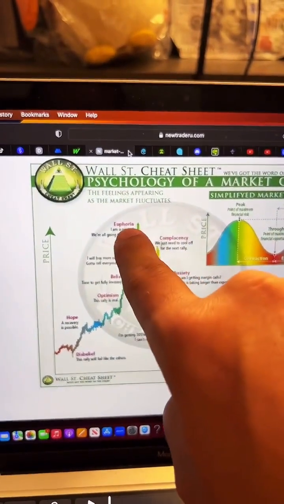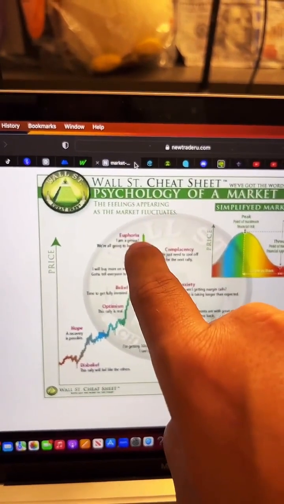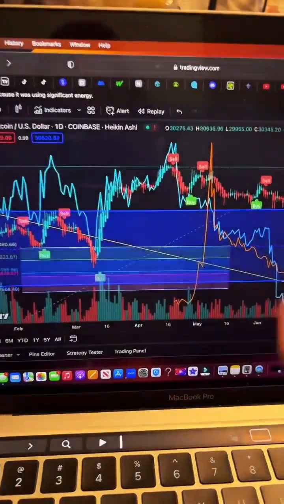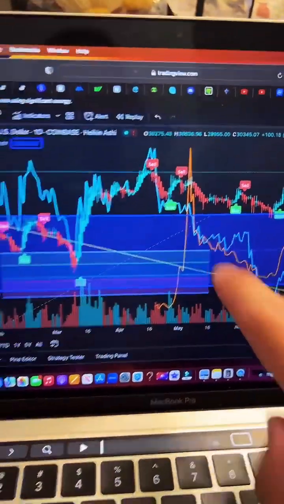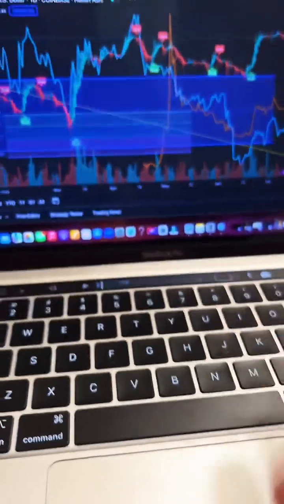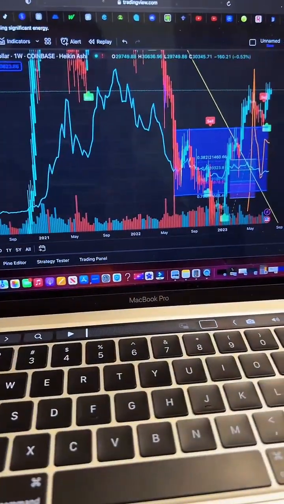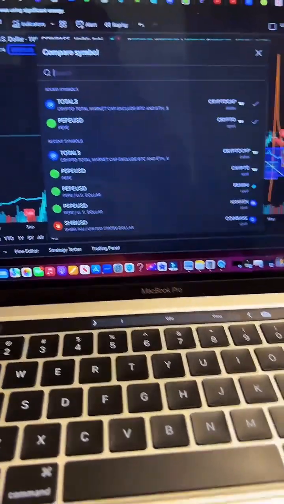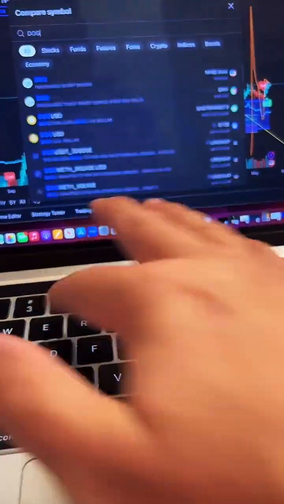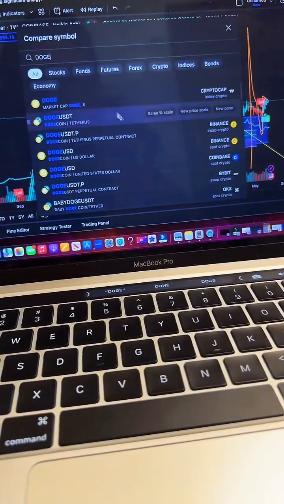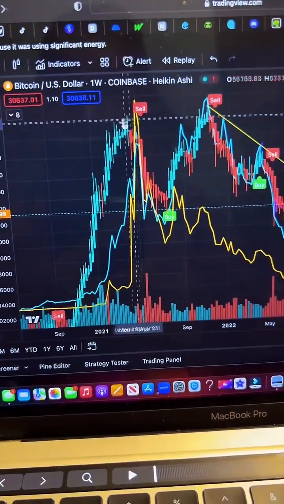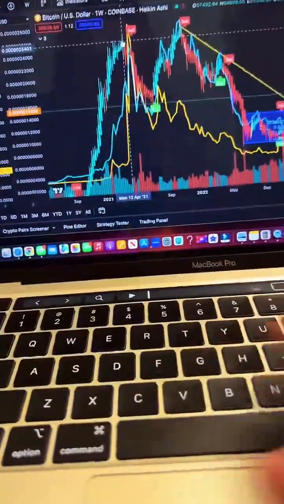Now it becomes apparently obvious that we need to take profits. And look at how fast meme coins drop. This is Pepe. Let's go to the weekly. Let's go back and show you the Doge and SHIB again, for those of you that maybe had just tuned in. Check this out. There's Doge, right at the top of the market. What do you know? Let's pull up SHIB.